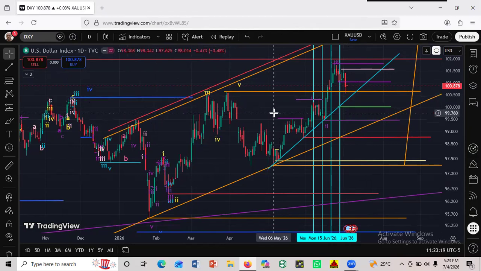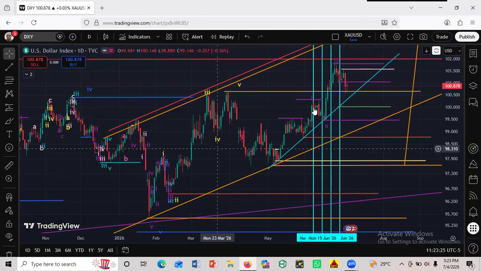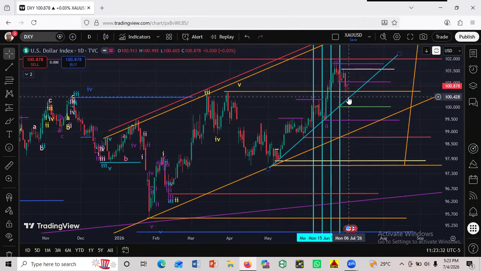Now, the significance of the trend line is this. If price comes here, bounces back, and gives you 3 waves, and is coming down in the 4th wave, if it breaks this one, then it should aim at this.